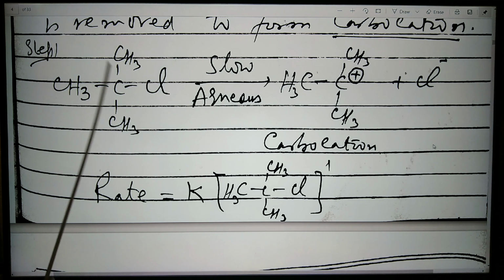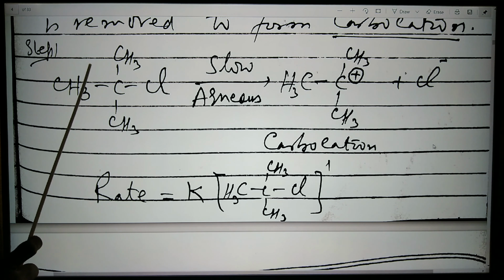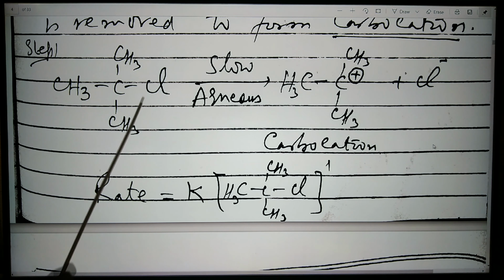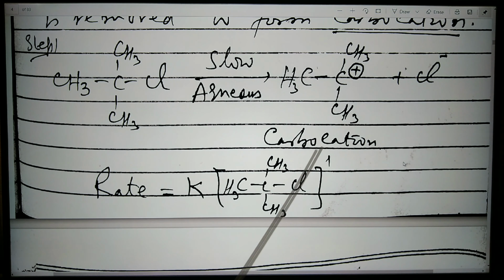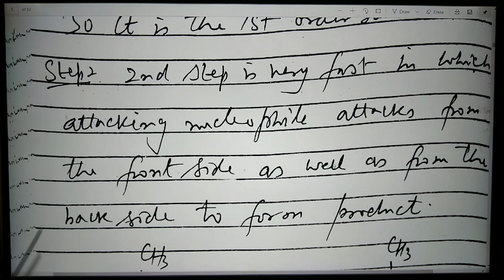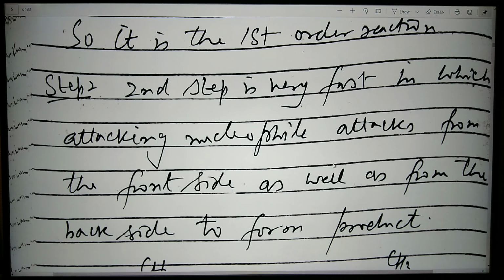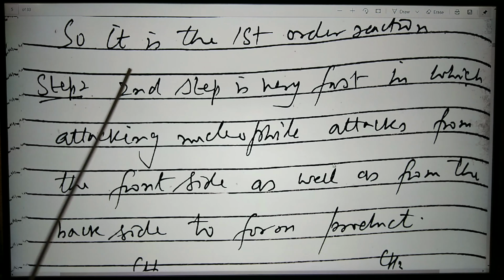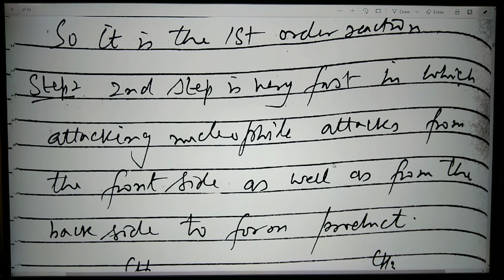Since only the substrate is involved in the rate of reaction, we can say rate is equal to K[(CH3)3CCl]. So it is first order, and K is called the rate constant. Hence we can say it is a first order reaction, that is, the rate of reaction depends only upon the concentration of the substrate.